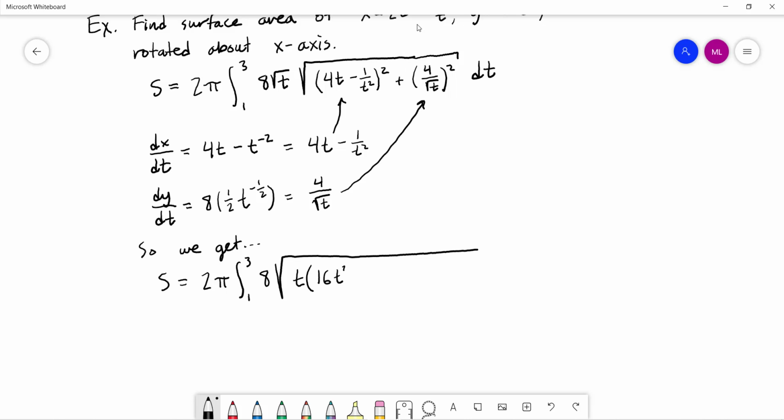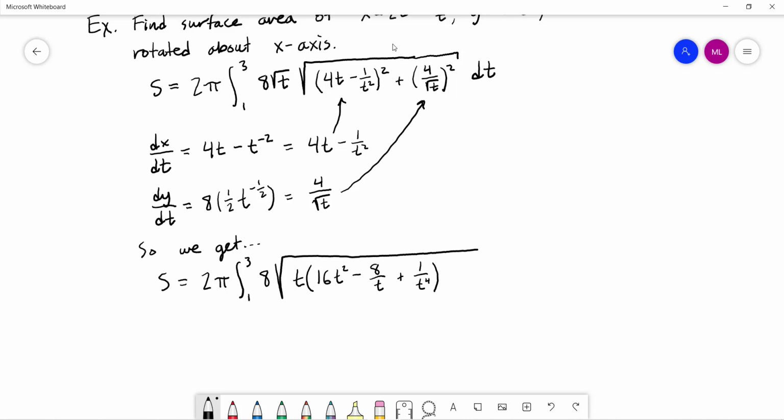16t squared. I will get this times this, so 4t times negative 1 over t squared will be just 4 over t. Right, so I've got 4 over t, but then I'll have another 4 over t with a negative sign, and we're going to get a total of negative 8 over t. And then this one times itself will be plus 1 over t to the 4th.